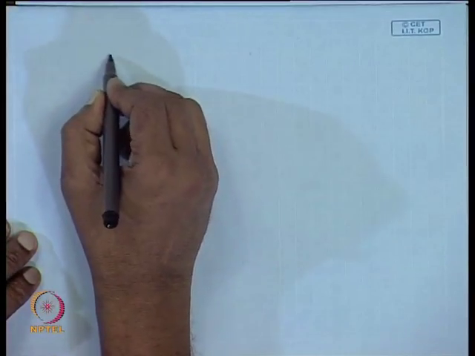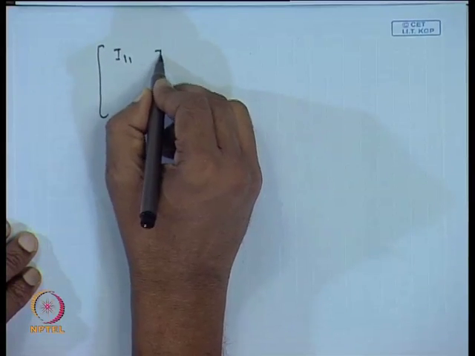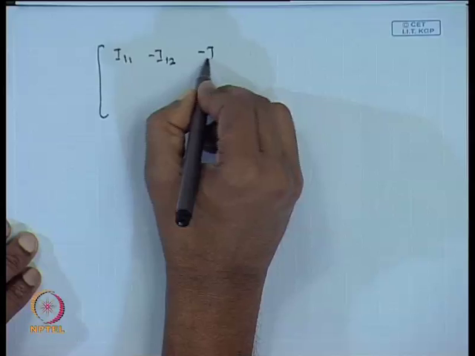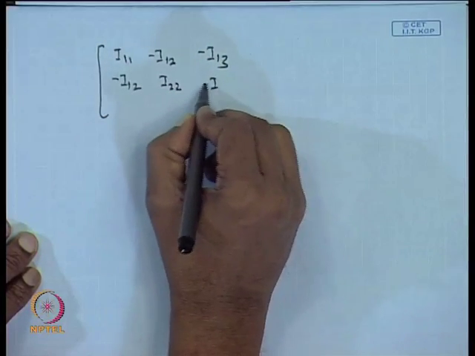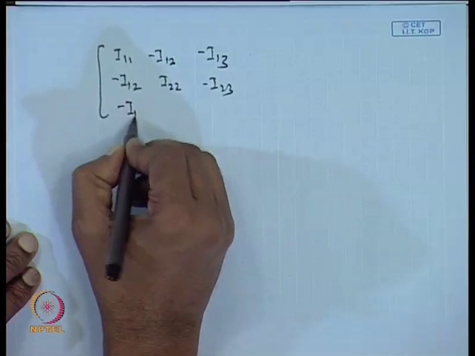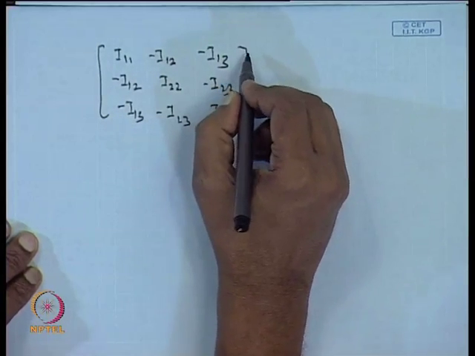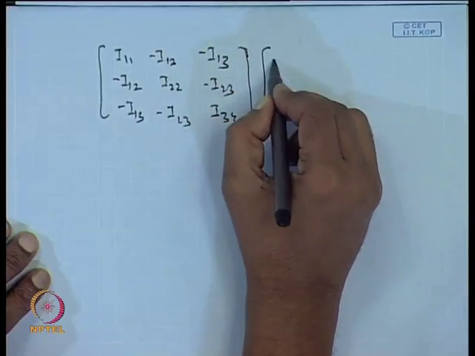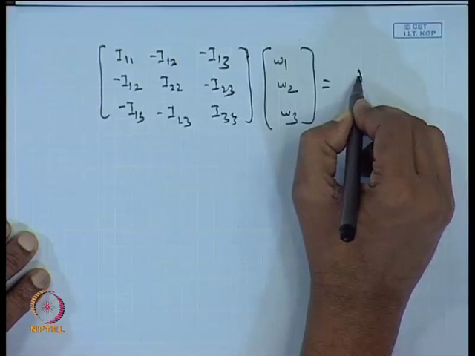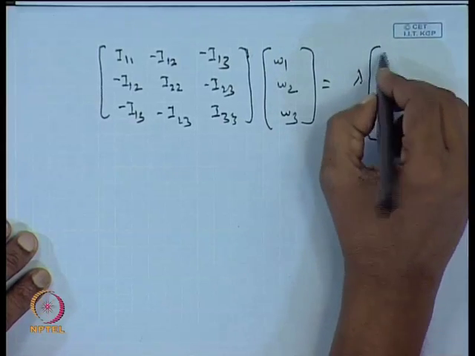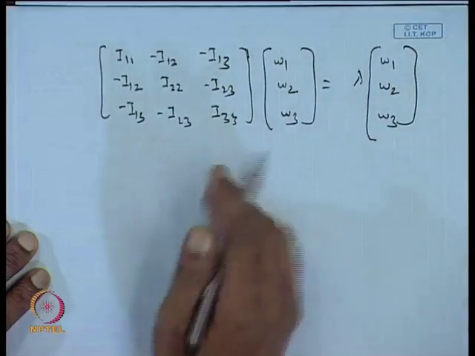If you solve, you have the inertia matrix here I 11, minus I 12, minus I 13, times omega 1, omega 2, omega 3, and this times lambda, and this is omega 1, omega 2, omega 3. So, bring it on the left hand side.